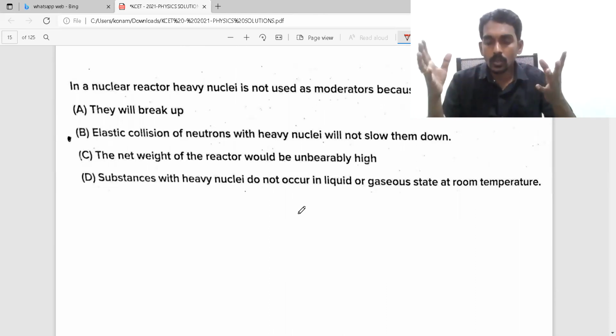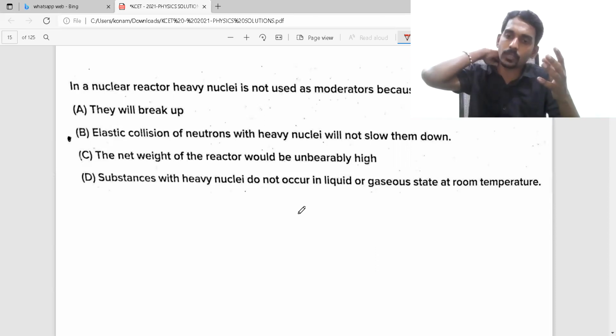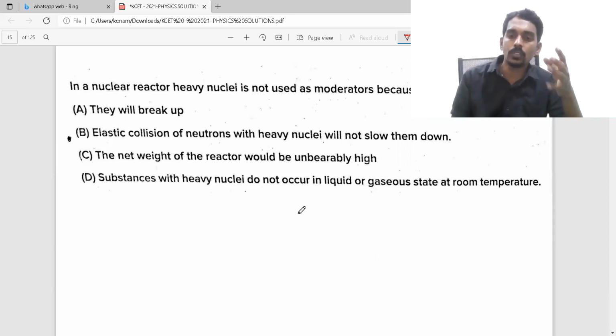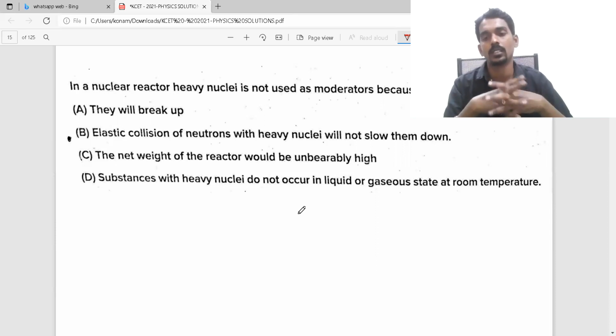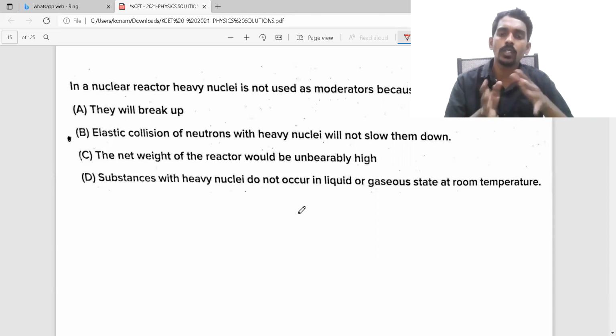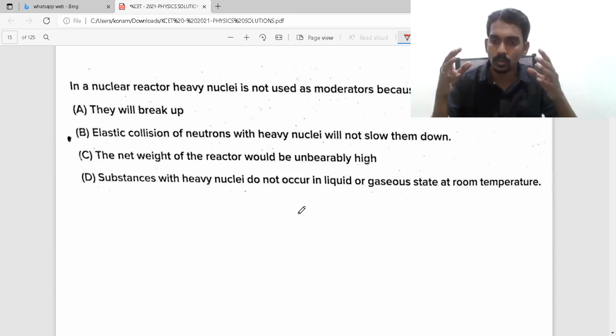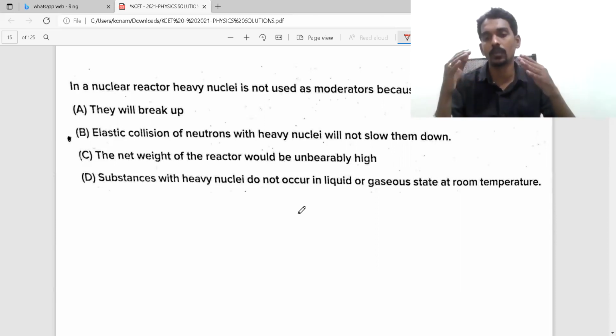When you don't control it, more chain reactions happen, so an explosion may happen. That's why we need to control that reaction. To control it, you have to make the neutrons collide with something, so that they reduce their energy level and slow down. They move slowly.